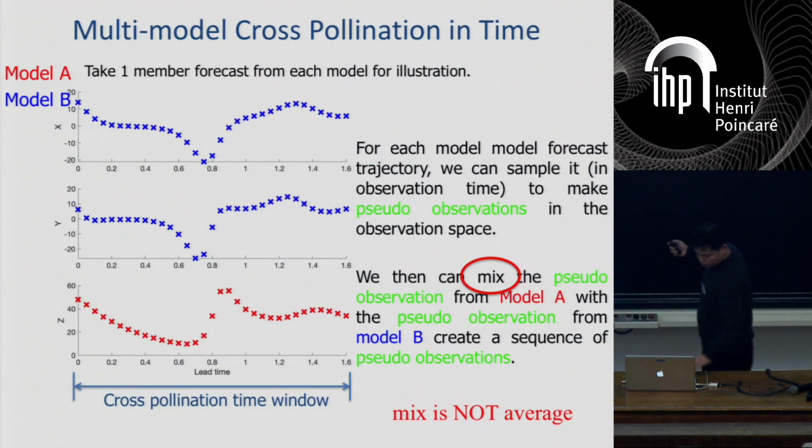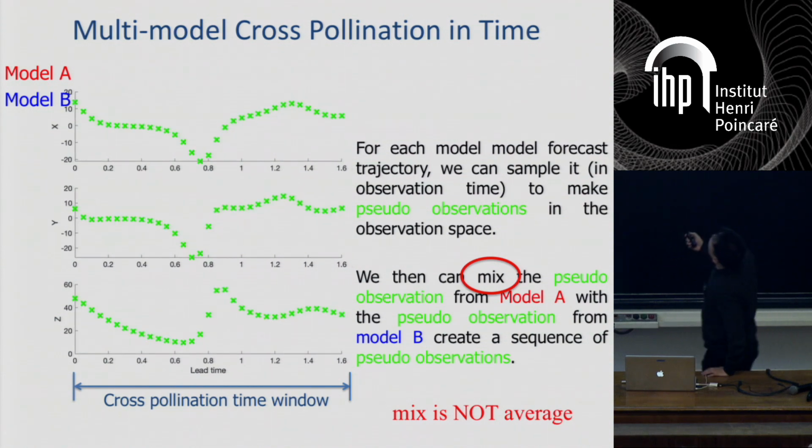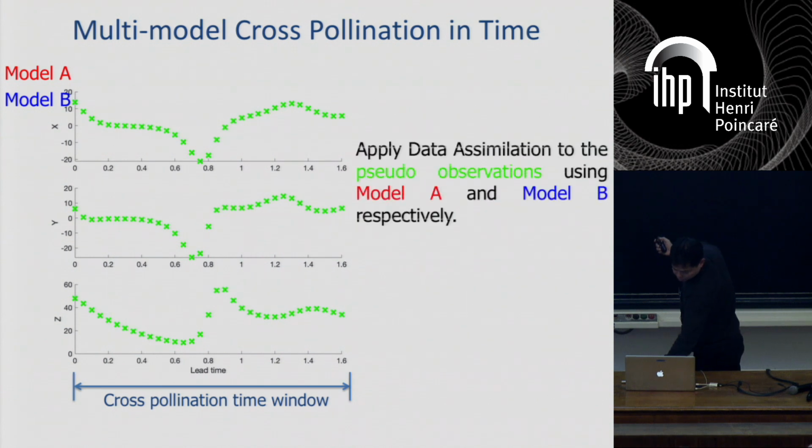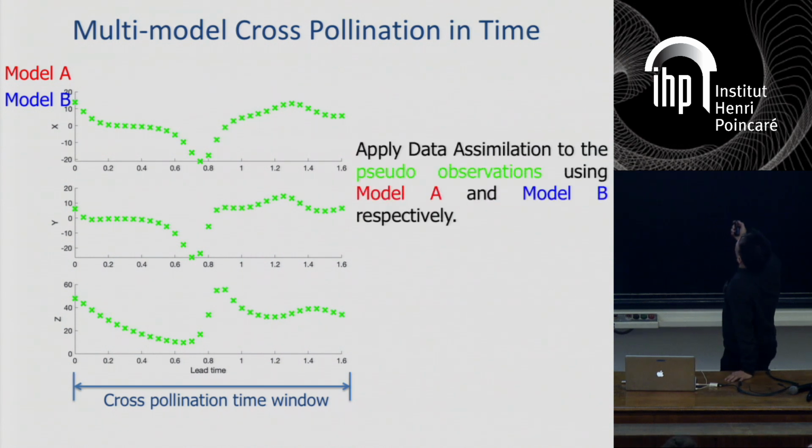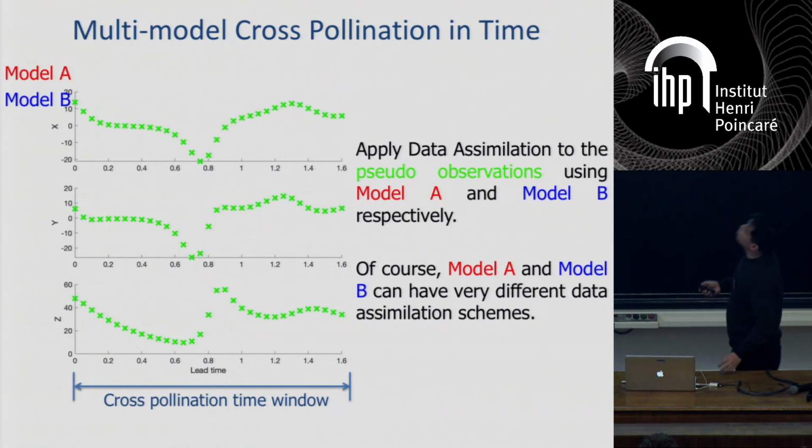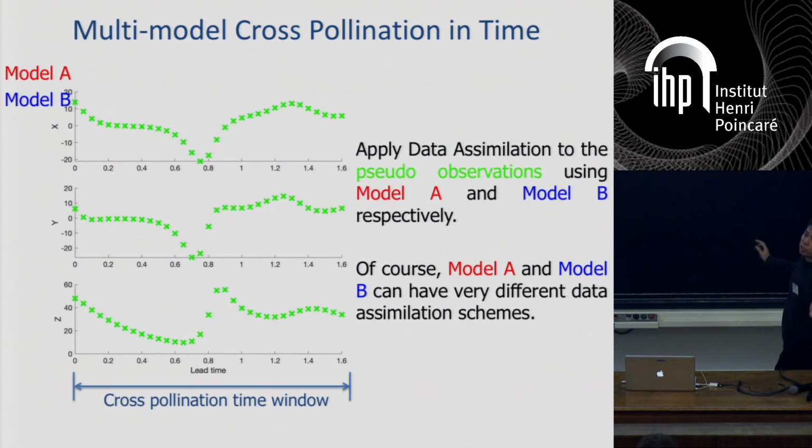Okay, so once we have these pseudo observations, we can apply data simulation to the pseudo observations using model A and model B respectively. It could be the case that model A and model B have completely different data simulation schemes.